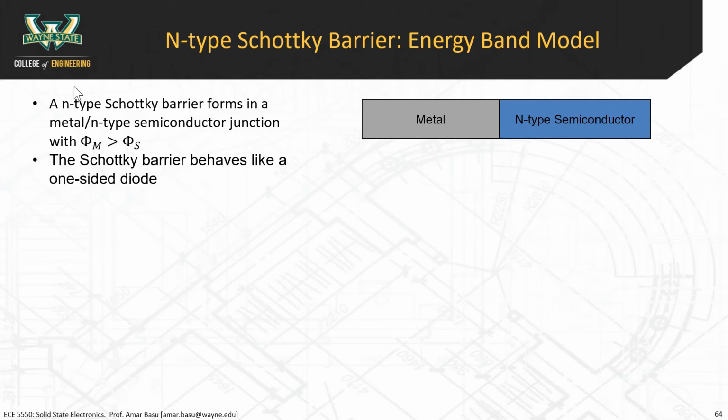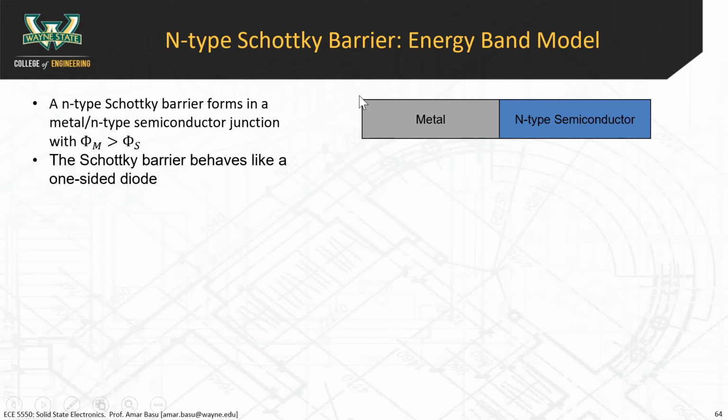The second question is, is the metal work function greater than or less than the semiconductor work function? So depending on whether you have an N-type or P-type semiconductor and whether the metal and semiconductor work functions are greater than or less than one another, you end up having 4 possible devices. And the first of the 4 devices that we're going to talk about is the N-type Schottky barrier.